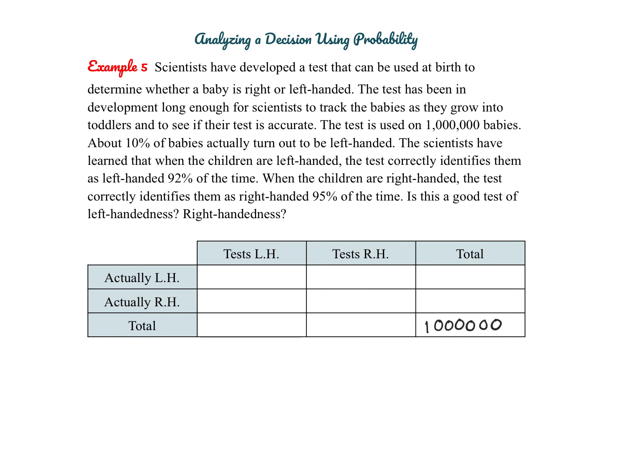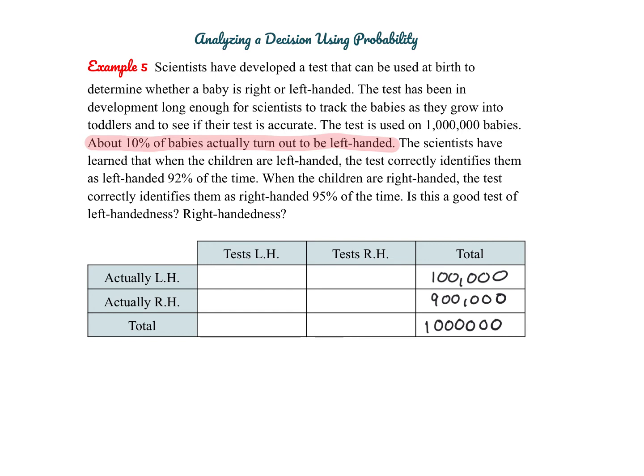And as it says right here, about 10% of babies actually turn out to be left-handed. So if you look at these two rows, actually left-handed, this would be 10% of 1 million, so 100,000, which means that 900,000 babies turn out to be actually right-handed.